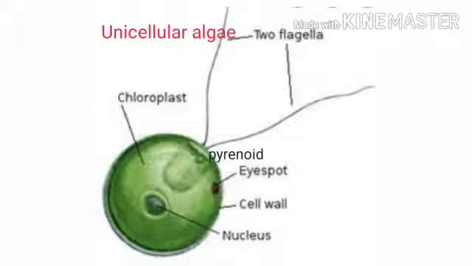Then Chlamydomonas, being mobile, can move, has two flagella hanging out from the cell. Then there is a light sensitive structure also present in the cytoplasm called eye spot. The nucleus is special, it lies within the chloroplast.